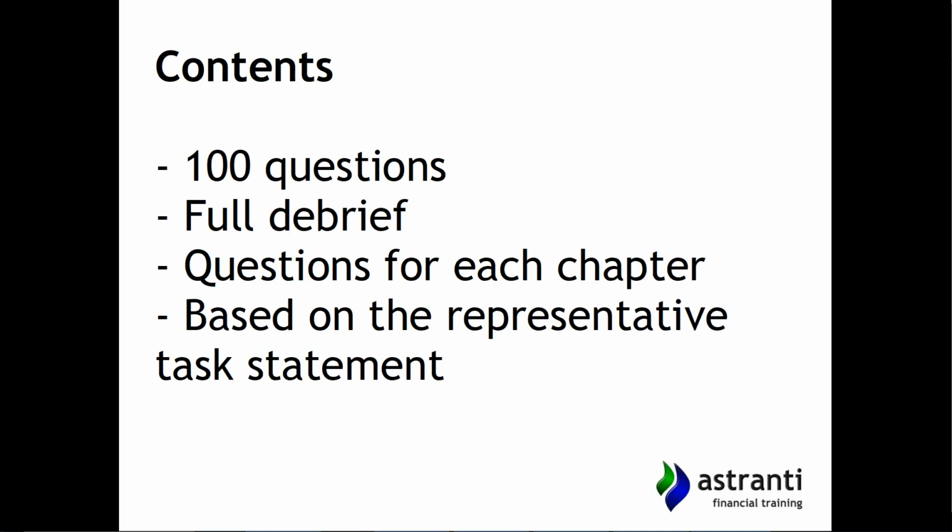Well, for P2 we have 100 questions that are all based around the kinds of representative task statements that you will get in your actual exam. So they're very similar to the questions that you'll get in your actual exam, and they are broken down by chapter. We've got 21 chapters across P2, and we've got questions for each of those chapters.